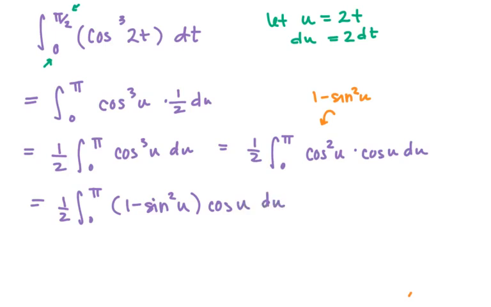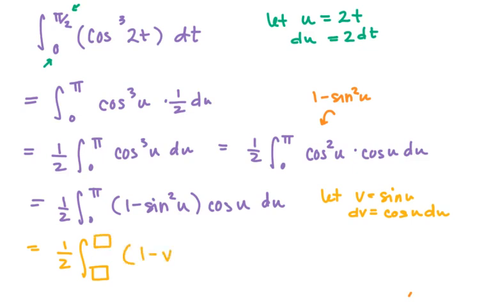And what I'll do here is I'll let v equal sine u, which then gives me that dv is cosine u du. So this integral now turns into 1/2 the integral. Remember, we're going to need to change our bounds. I'll do that in a second. I have 1 minus v squared dv.